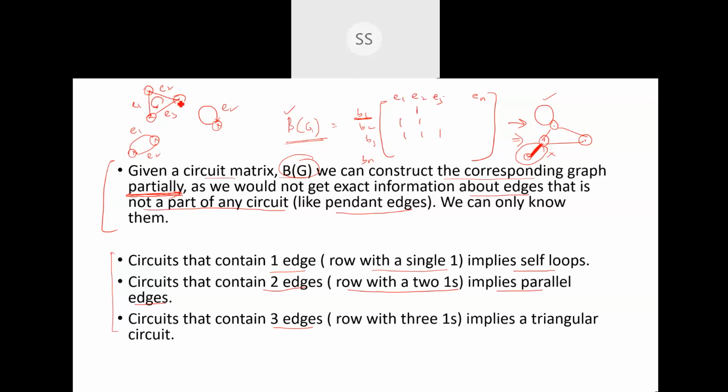What kind of structure is it forming? It is forming a triangular circuit. That means if your row has three ones, that circuit is a triangular circuit. If your circuit has two ones, you have parallel edges. And if your circuit consists of a single one, you have a single loop.